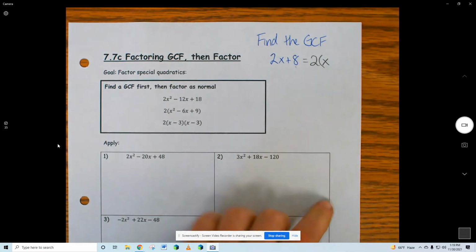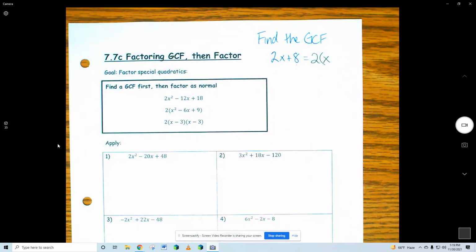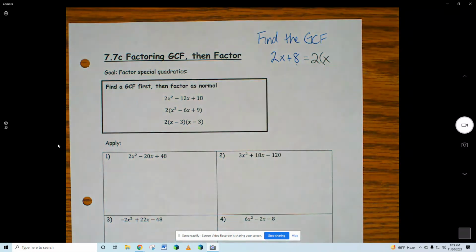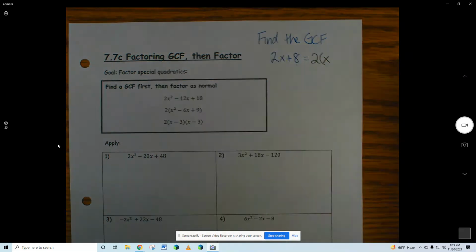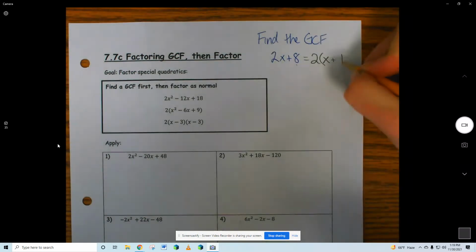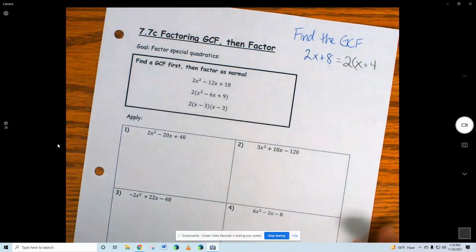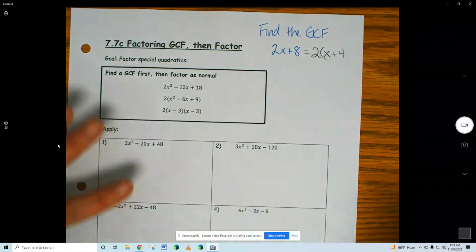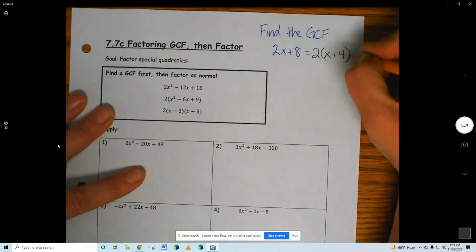What if I divide out a 2 from an 8? 8 divided by 2. It's division, right? We're not subtracting. This is a 4. Good thinking. The plus sign stays. And I'm going to close my parentheses. I would be done like that. That's my final answer. I'm done.